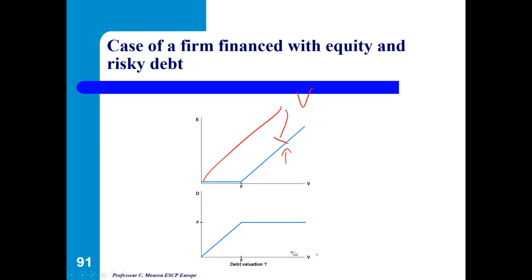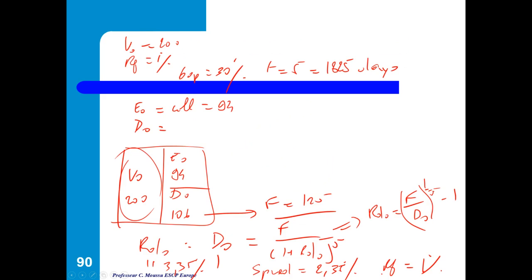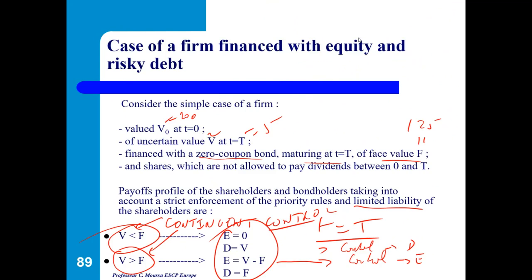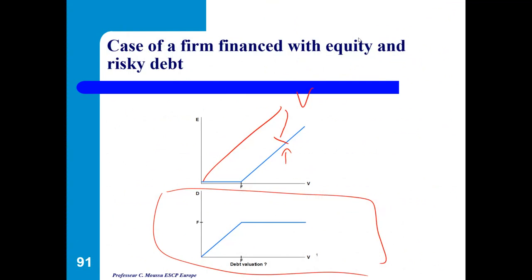So if we look at the leverage here, what does it look like? It looks like a put. It looks like if I sell a put. So we have to do a little bit of gymnastics here. It looks like we sell a put, except that remember that we don't have the premium here.